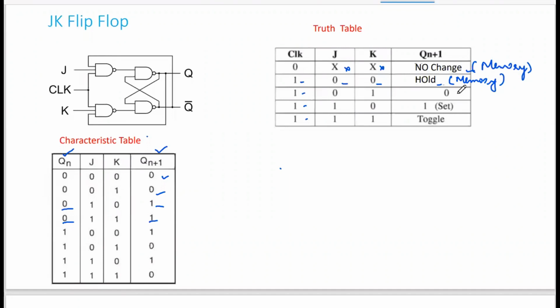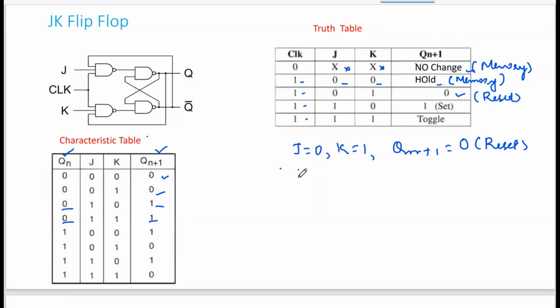On the other hand, when J is 0, K is 1, no matter whatever you had at the output in the previous state, it is going to be 0, or we can say a reset.